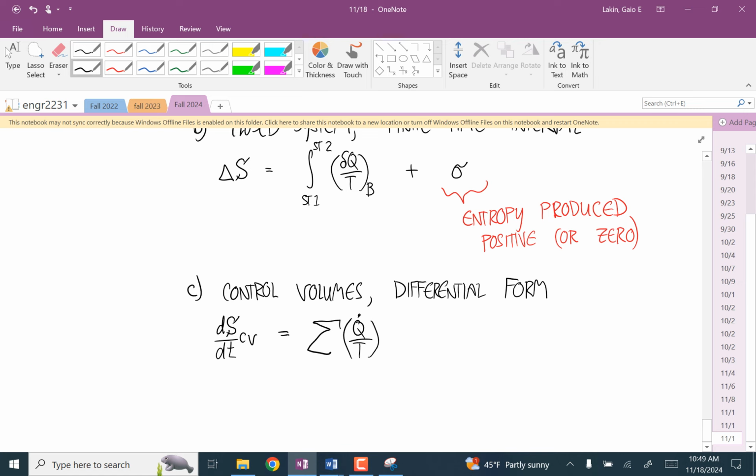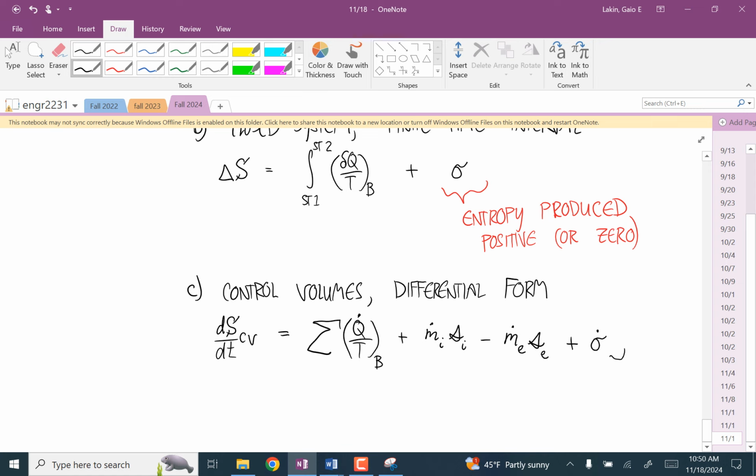The reason we're using a sum here instead of an integral is because of the mess of doing an integral with a differential form, plus m dot at the inlet times the specific entropy at the inlet minus m dot at the exit times the specific entropy at the exit plus sigma dot.